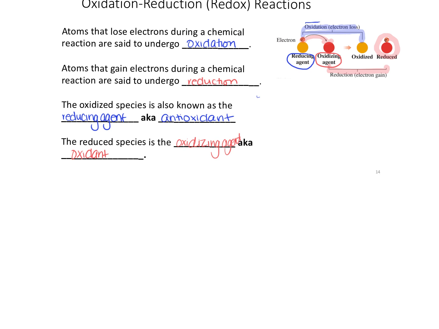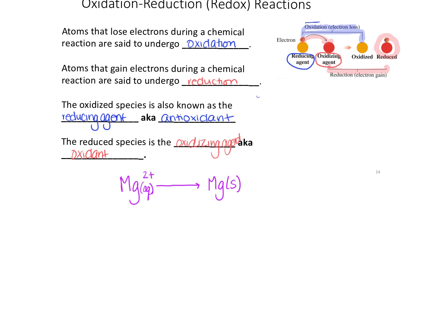I want to do a few examples of recognizing if things are reduced or oxidized. For example, we are going to look at something called half reactions. These are just reactions with one species, and what you do is you compare the reactant with the product. When we're looking at this to figure out if something has lost or gained an electron, it's helpful to look at the charge.